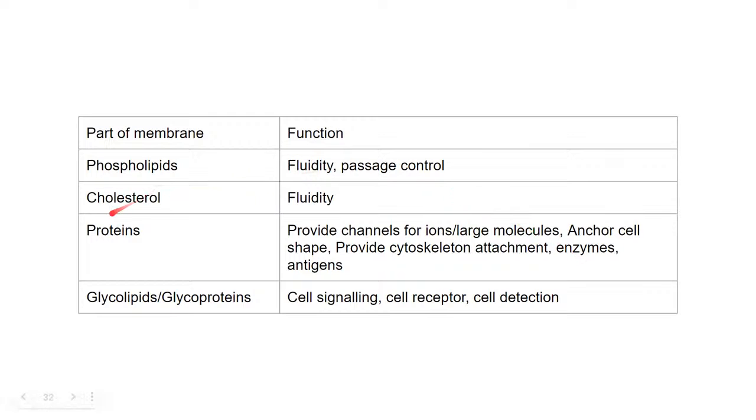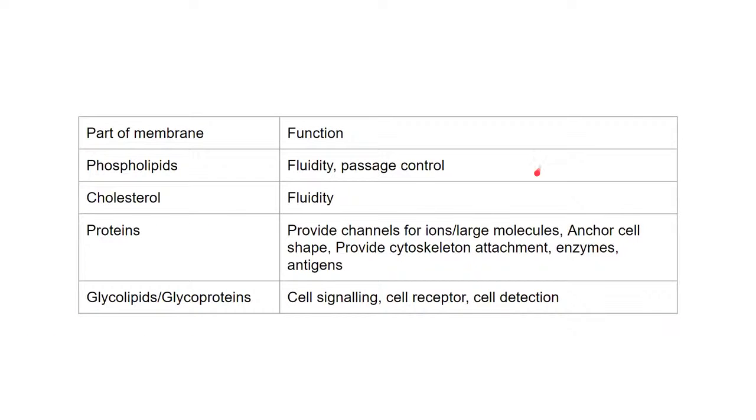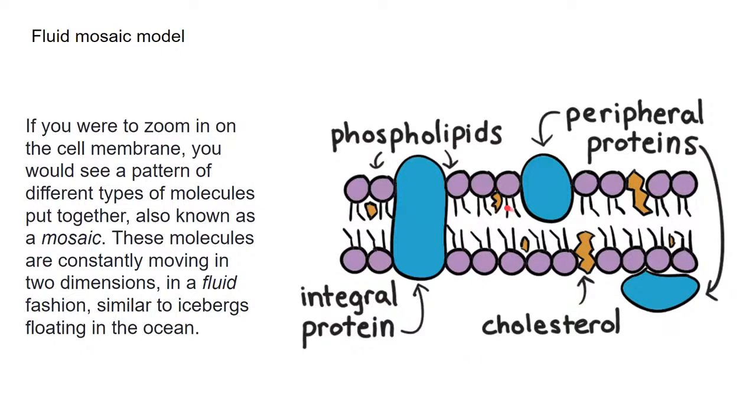But then there's proteins. Proteins can be used to anchor cells. For example, the cytoskeleton can attach here to anchor different organelles, or anchor from the outside through a peripheral protein. It can anchor itself to the next cell. So there can be different reasons. They can be channels, because, for example, large ions cannot pass through. Remember, I told you these are water hating.